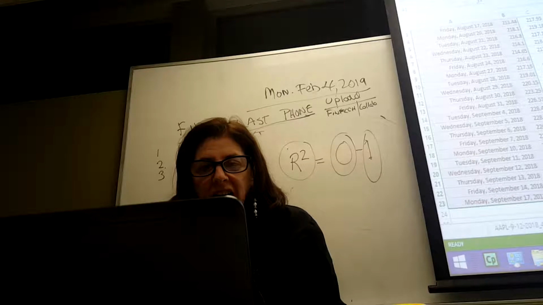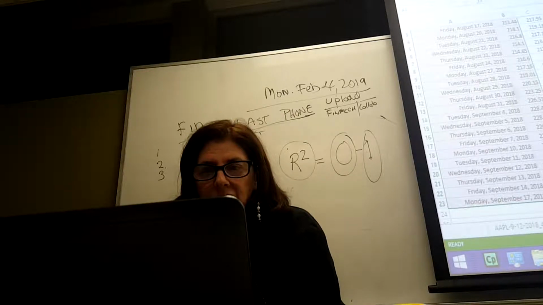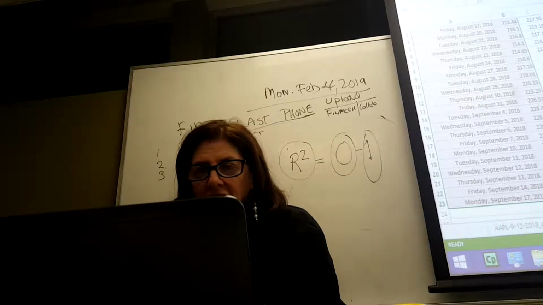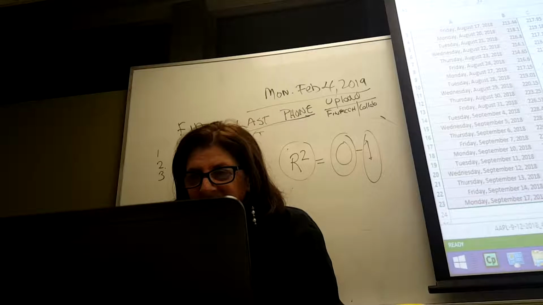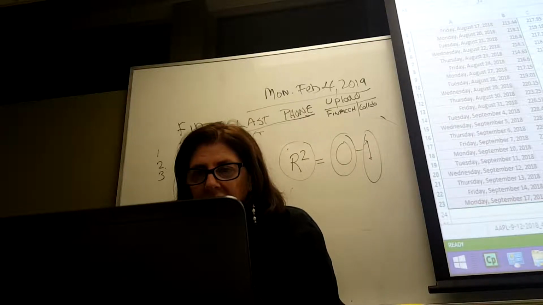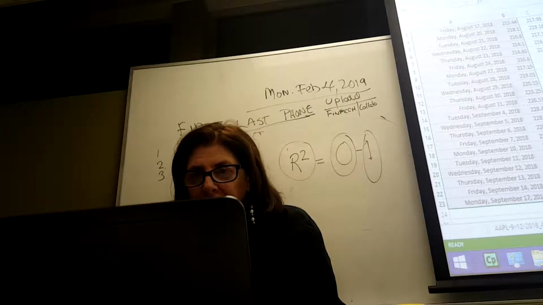So what I want to do at this point is insert a chart. Where do I go to insert a chart? Insert, what a class. So I'm going to insert a chart, and basically what I want to insert is a line chart.